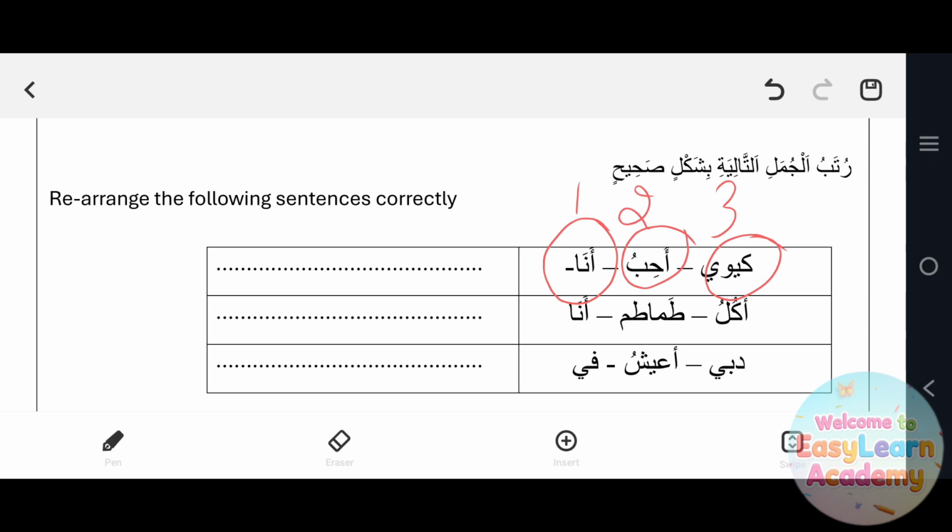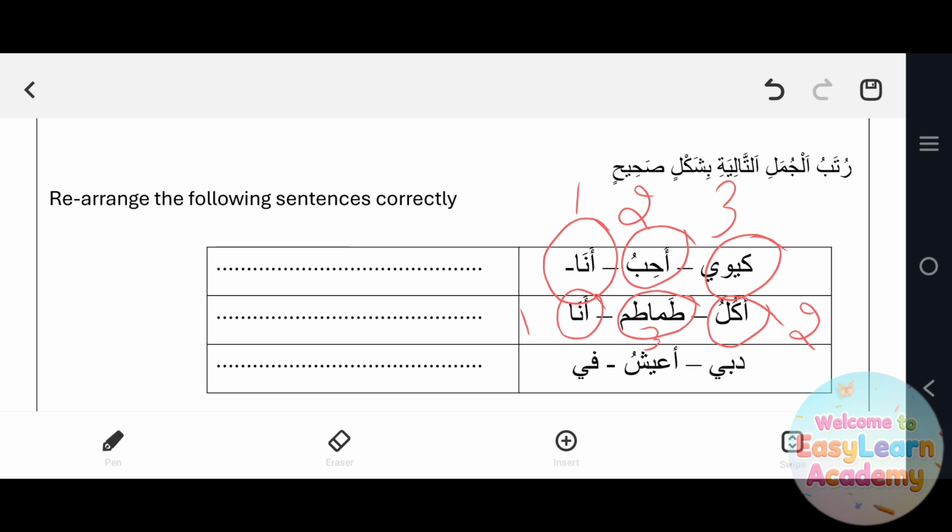In the second one, the first word is akulu, the second one is tamatam, the third word is anna. So we have to rearrange it. The first I will choose anna, the second akulu, the third tamatam.